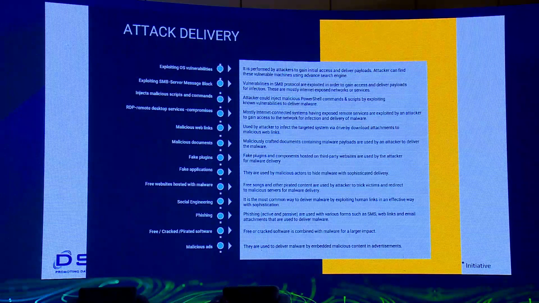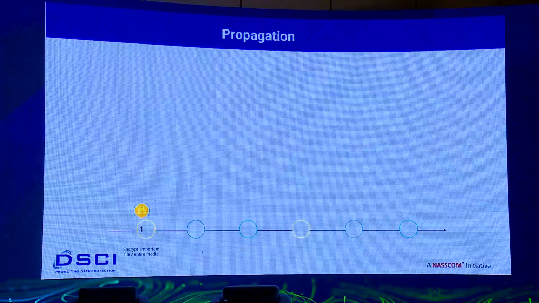The Kaseya supply chain attack, I think someone talked about recently. That's a good example of a mass supply chain ransomware attack. So these kinds of attack deliveries are definitely there, and they are evolving. We will try to cover that as part of our case studies.